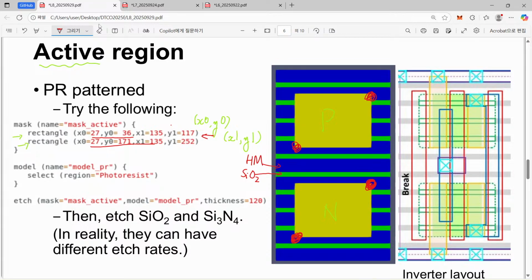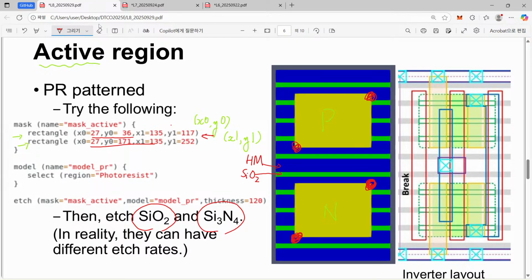And what we do now is, okay, I think that what we have to do is etch silicon dioxide and silicon nitride selectively.